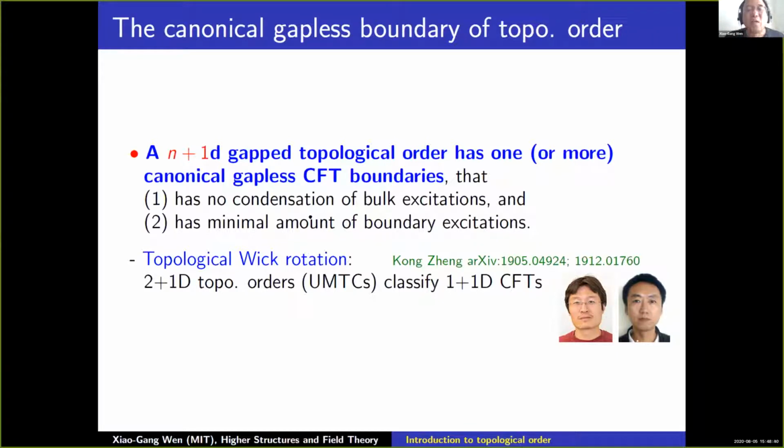But again, we can have an additional requirement of a minimal amount of boundary excitation. Maybe there's a near 1-to-1 correspondence. And this is described as topological holography. So maybe one can use 2D topological order, or unitary modular tensor categories, to classify 1+1D rational CFTs.